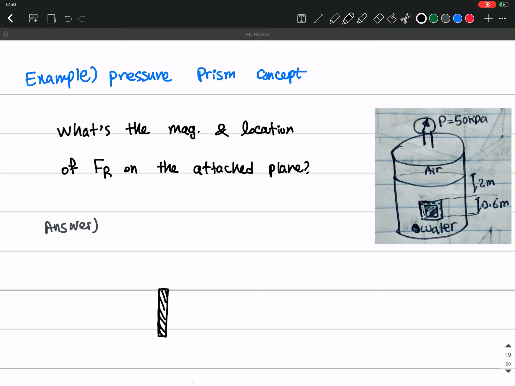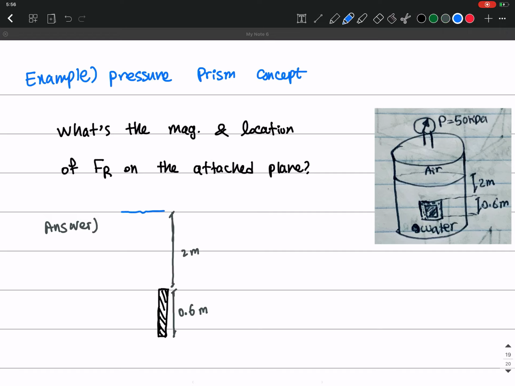So we have water, and from here to here is 0.6 meter. Okay, and then above that we have 2 meter of water, right?